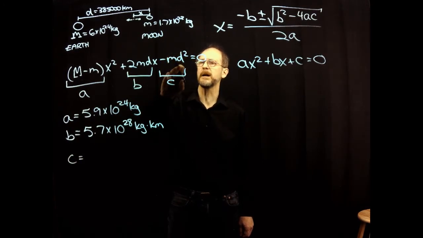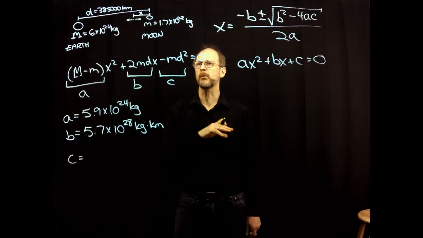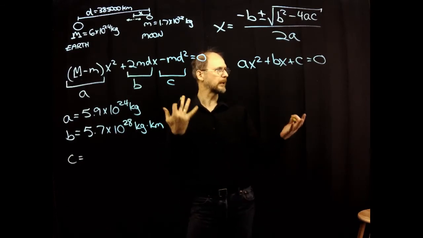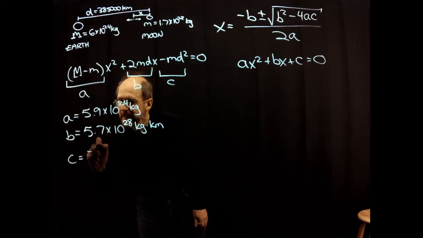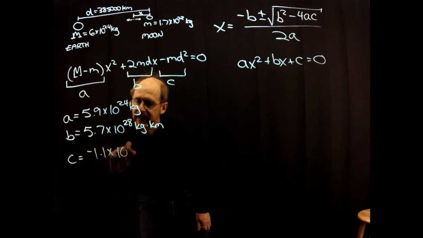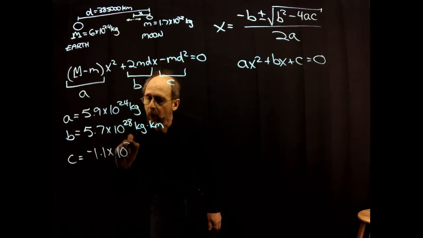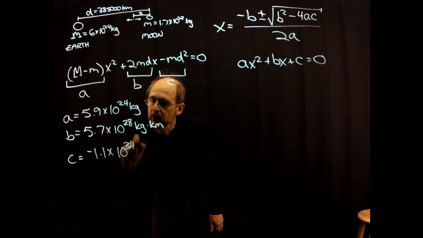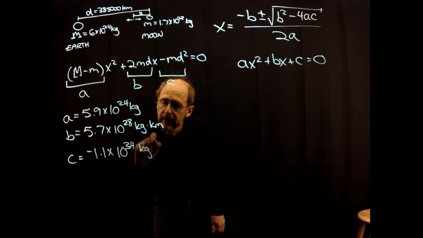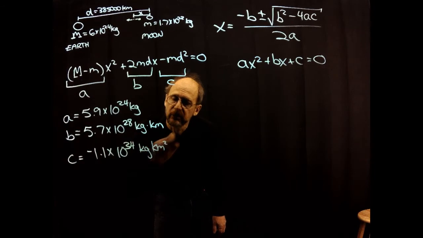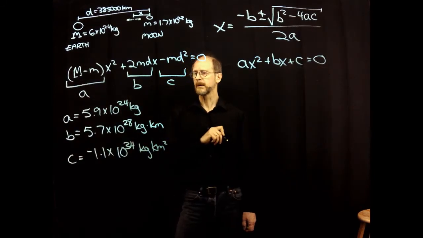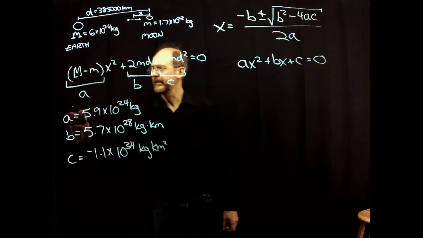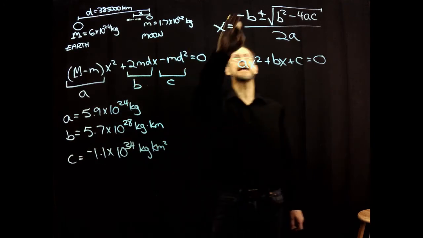Here we're using kilometers, so it's going to be kilogram kilometers squared. And the actual number is negative 1.1 times 10 to the 34 kilogram kilometers squared. So these are our A, B, and C now.